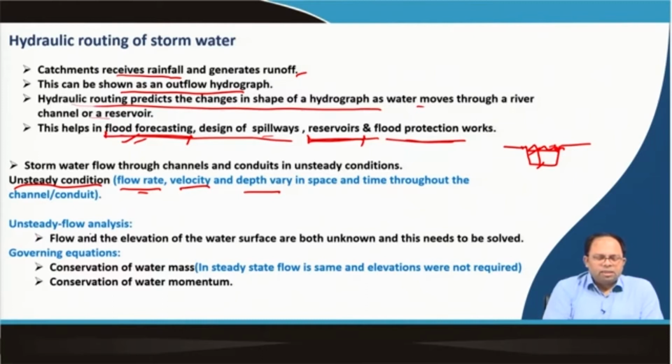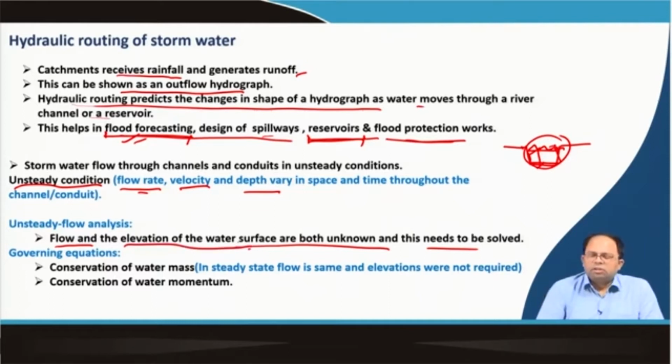Unsteady flow analysis: flow and elevation of water surface both are unknown, and this needs to be solved. Previously we were only solving the flow of the water. That means the total volume of water along a channel was the same in the different sections, and accordingly we were solving the profile of that particular section that is required. But now the elevation of water surface is also unknown.